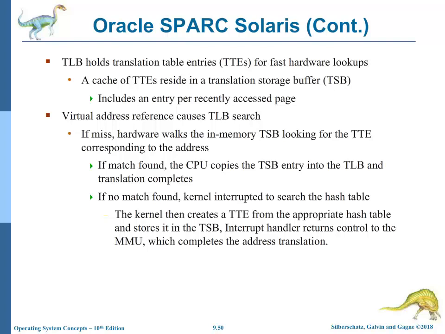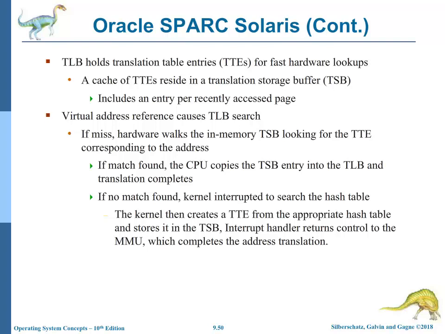This TLB walk functionality is found on many modern CPUs. If a match is found in the TSB, the CPU copies the TSB entry into the TLB and the memory translation completes. If no match is found in the TSB, the kernel is interrupted to search the hash table.